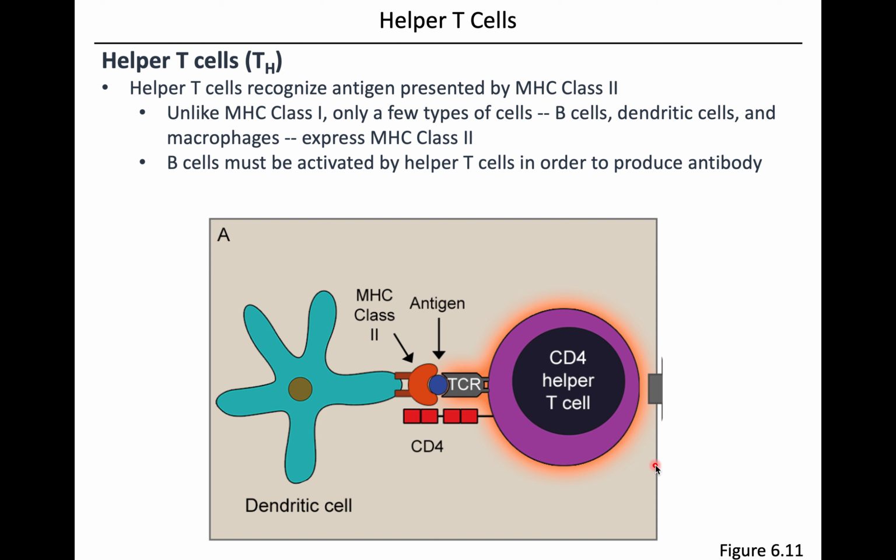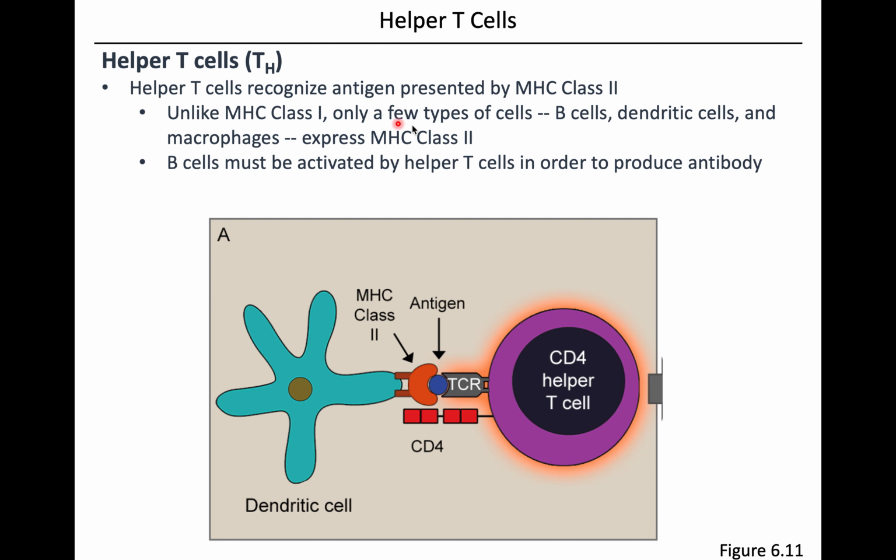Okay, so we had the cytotoxic T cells being activated as part of this adaptive response, and then we have the helper T cells. And as I mentioned before, the job of the helper T cells is basically to activate antibody-producing cells, which are the B cells.